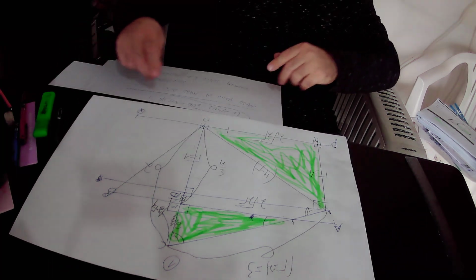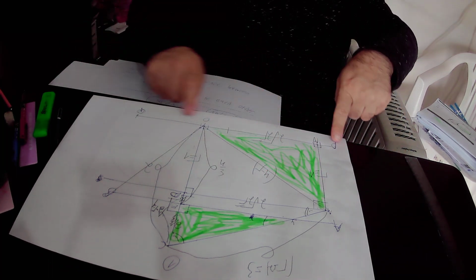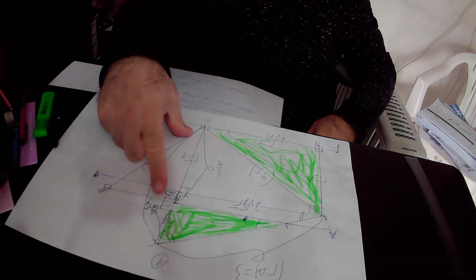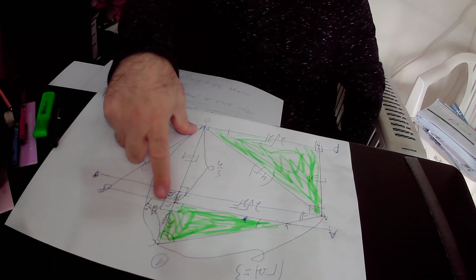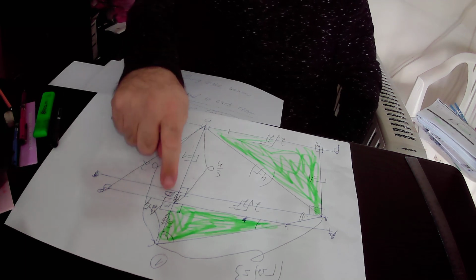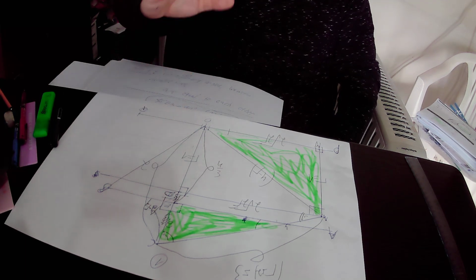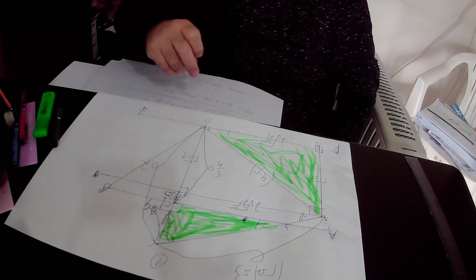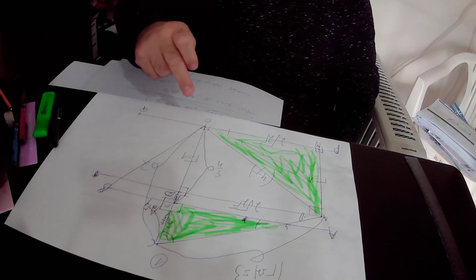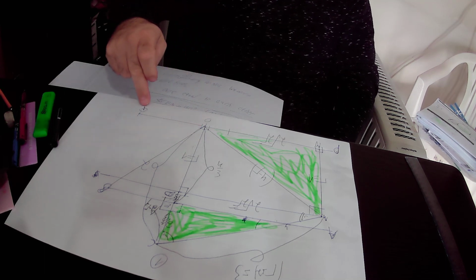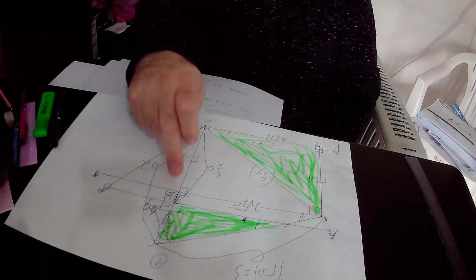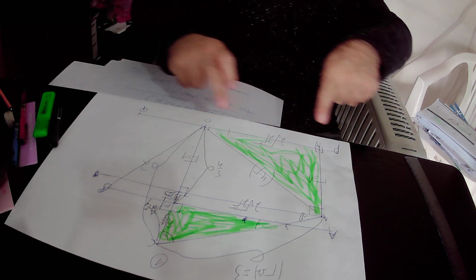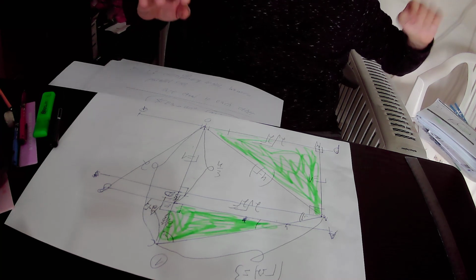So we know that AB is parallel to PQ, and this angle and this angle are defined as corresponding angles. Angle CEB and angle COQ are two corresponding angles located between the parallel lines AB and PQ, therefore they are equal to each other.